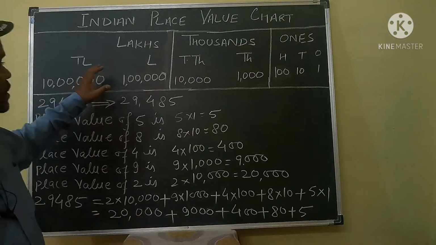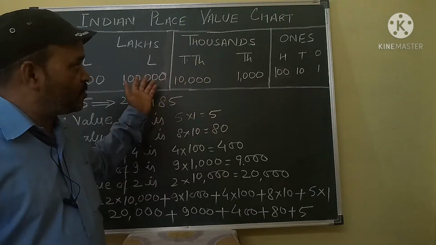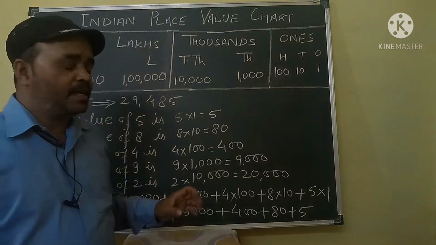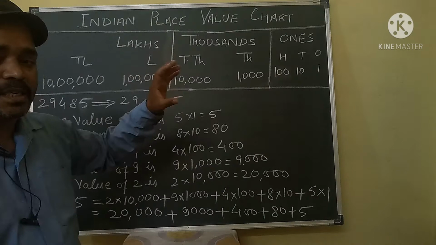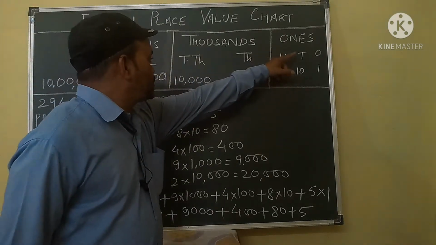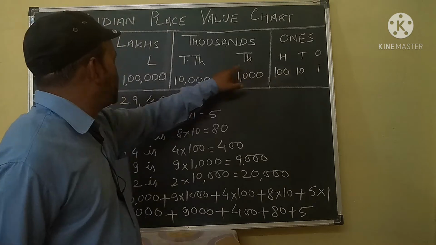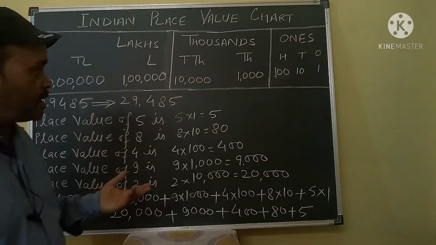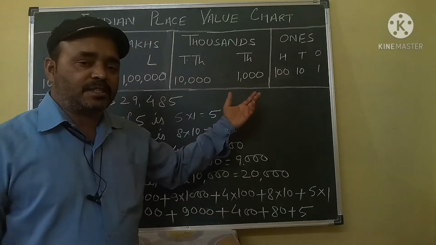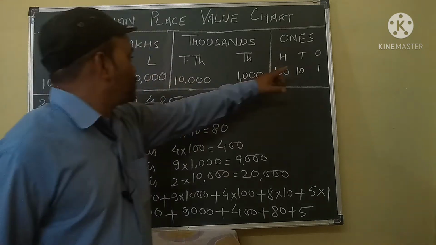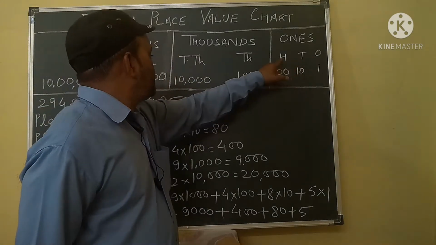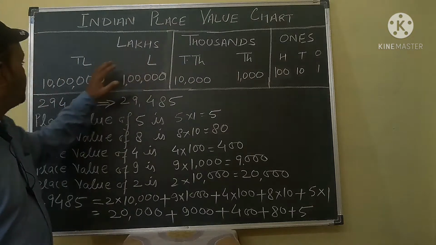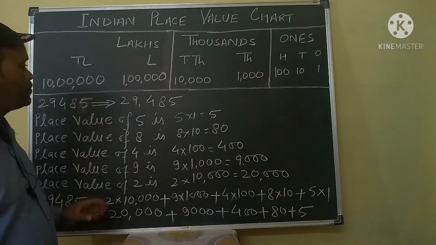For this, first we have already discussed the meaning of the Indian place value system. As you know very well, the Indian place value system has many groups: ones, tens, hundred, thousand, 10,000, lakh, 10 lakh, and so on.